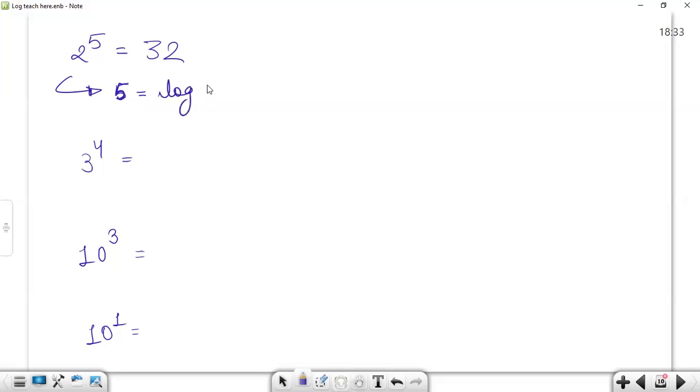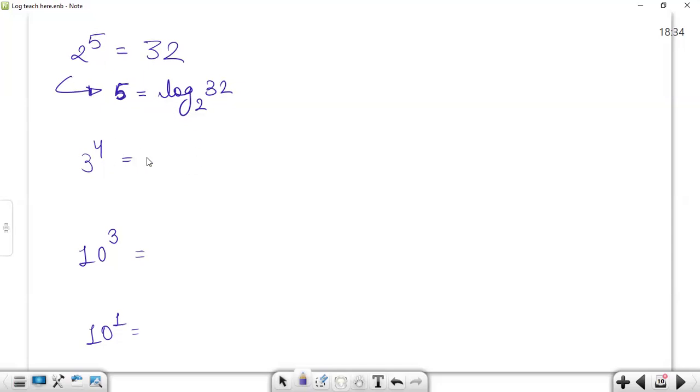We will take logarithm of 32 to the base 2. Then its answer will be 5. We are finding what power of 2 should be raised so that it becomes 32. So this is what the logarithm function is answering. The inputs are 2: one is the base and the other is the exponential answer, and its answer will be in the form of the power.